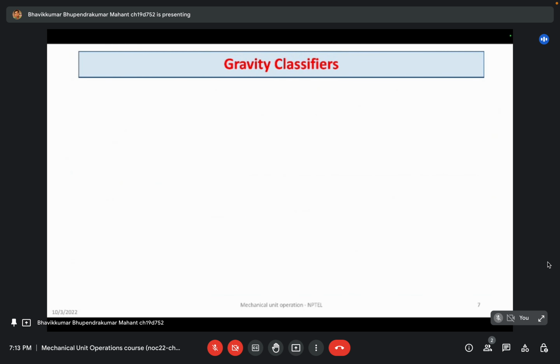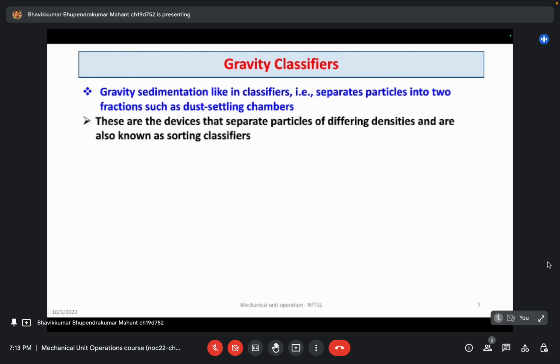Now, gravity classifiers. We need to understand what classifiers actually are and how we can use them for gravity sedimentation processes. A classifier separates particles into two fractions.